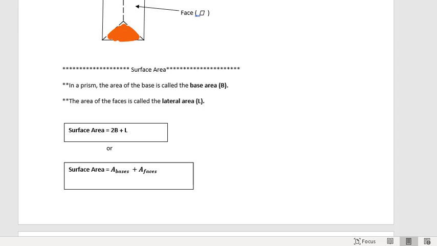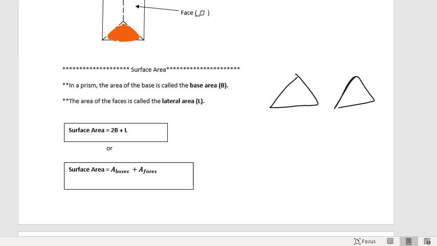So one thing that we will look at is if we kind of break that triangular prism apart, there are two triangles, one on either of the ends. So we have 2 times the area of the base. All right, 2 times that area of the triangle.